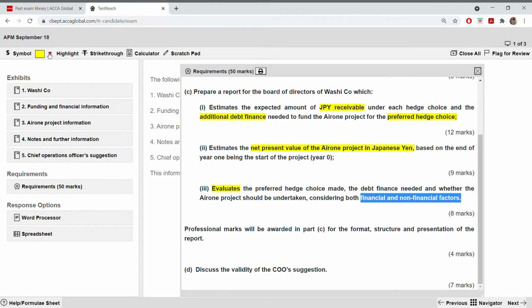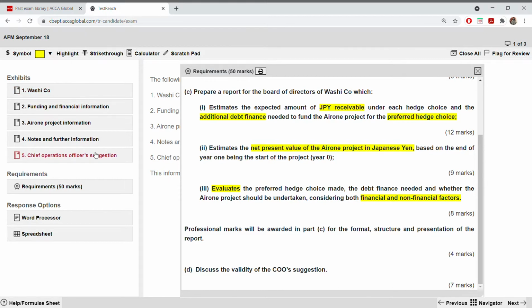This is very important. Most of you will be able to tell the financial factors, but what you will not be able to tell is the non-financial factors. Even this will come with practice. Once you practice a lot of questions on non-financial factors, this will be nothing for you.